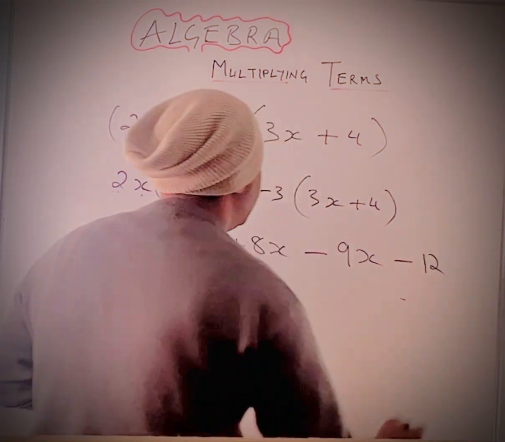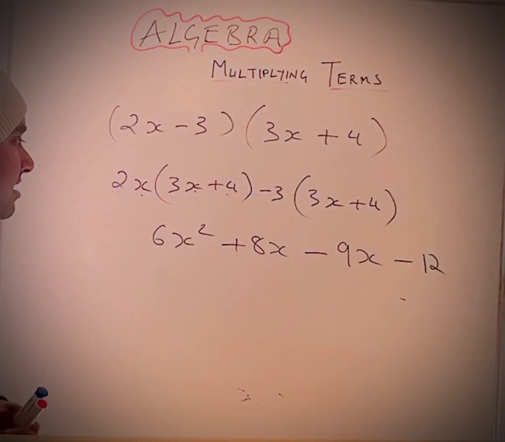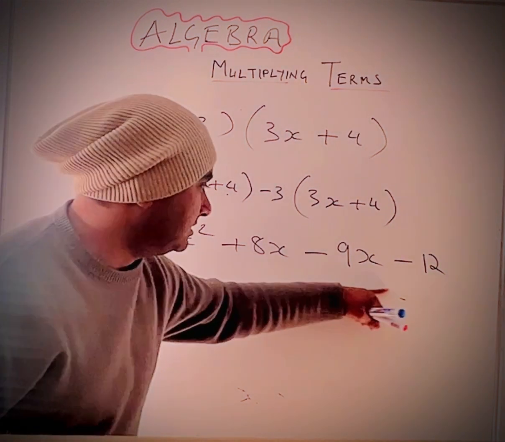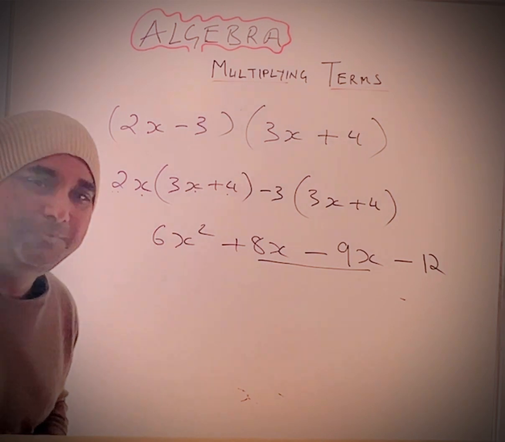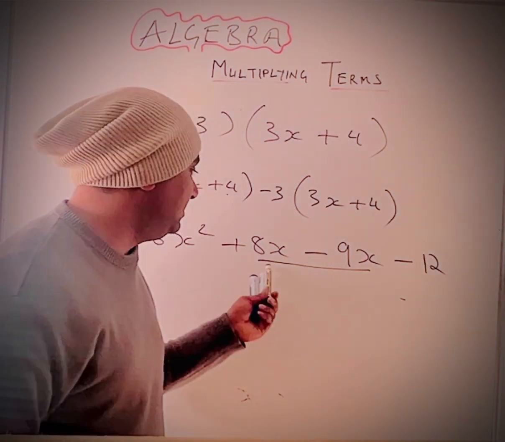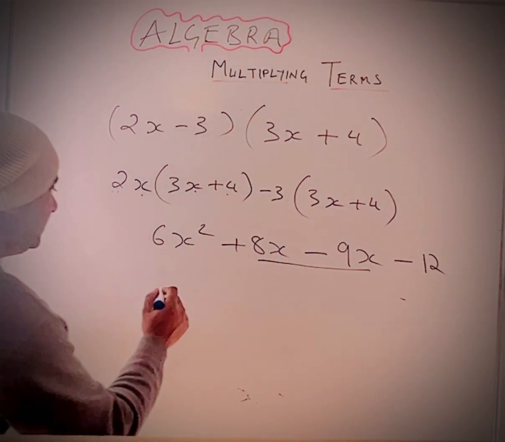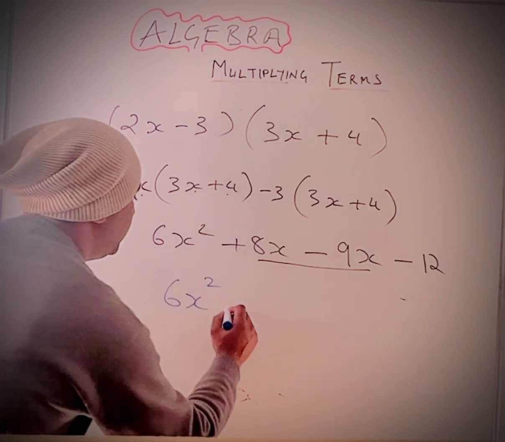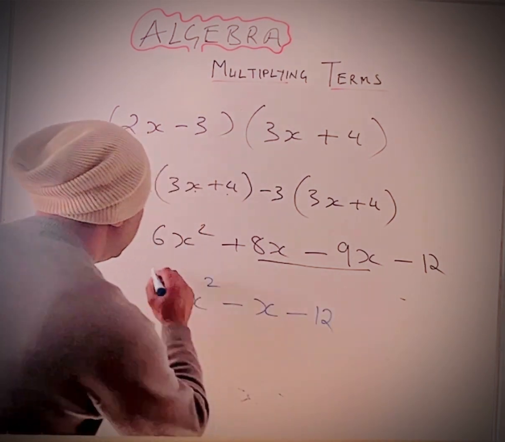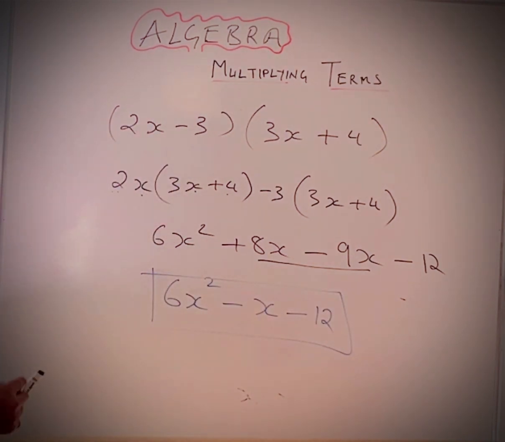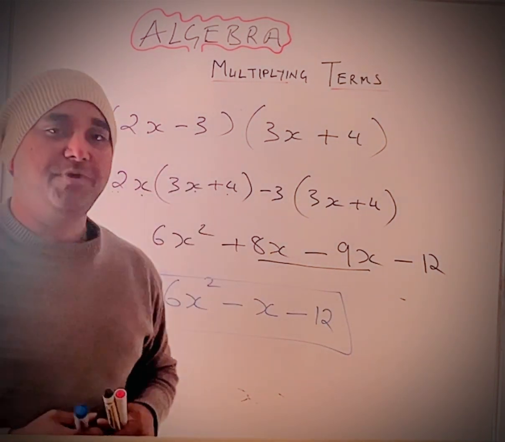Now you can see we can simplify these two x terms further. So the answer will be 6x squared minus x minus 12. That will be the answer in case of two brackets.